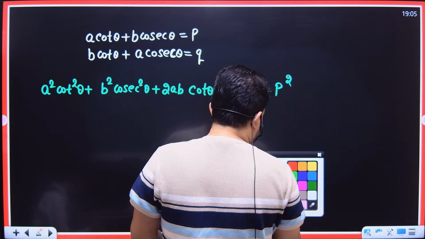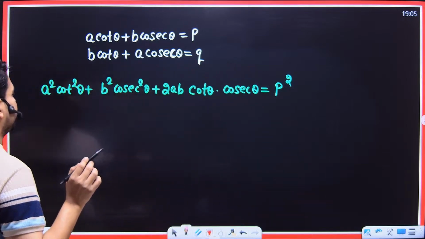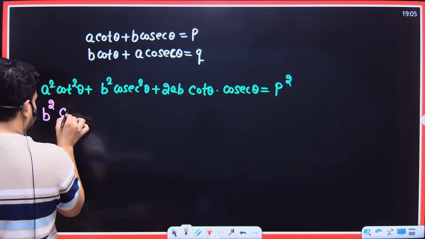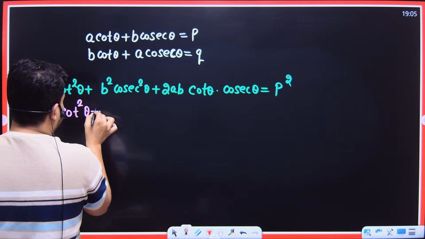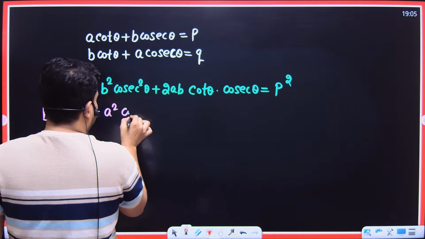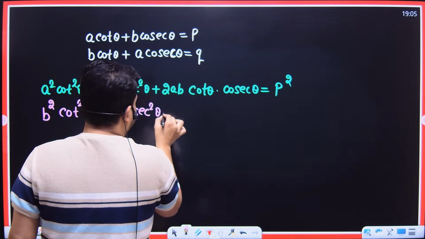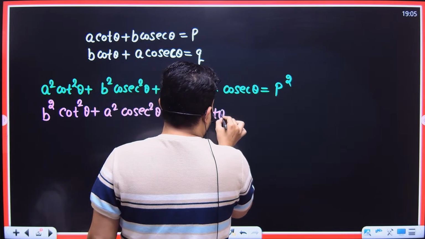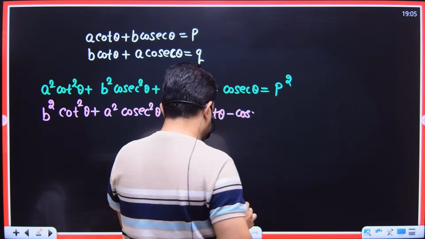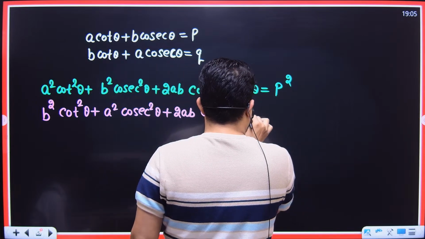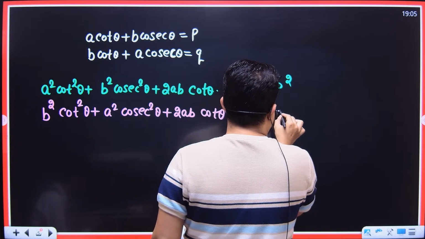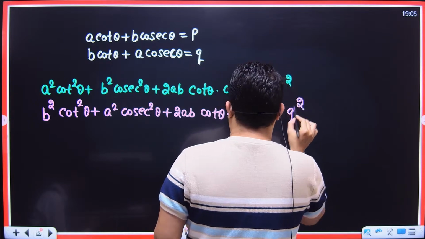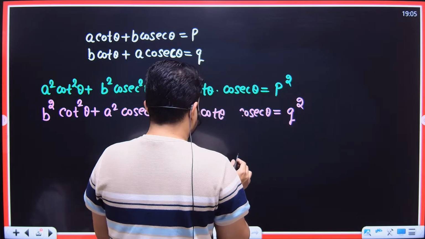If you ever get a chance to learn trigonometry from me, then I will teach you all the methods, all the short tricks, or all the short methods to solve these questions. A square cosec square theta plus 2AB cot theta cosec theta plus B square cot square theta is equal to Q square.